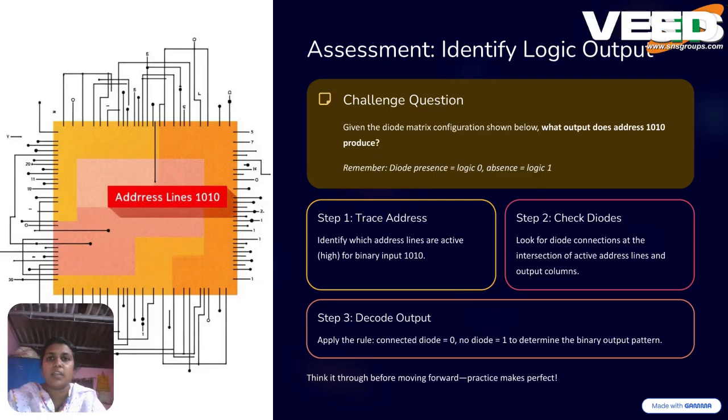The last step: decode the output bit lines. For each bit line, note the logic based on the presence or absence of a diode, and then combine the bits to form the binary output for the selected address.